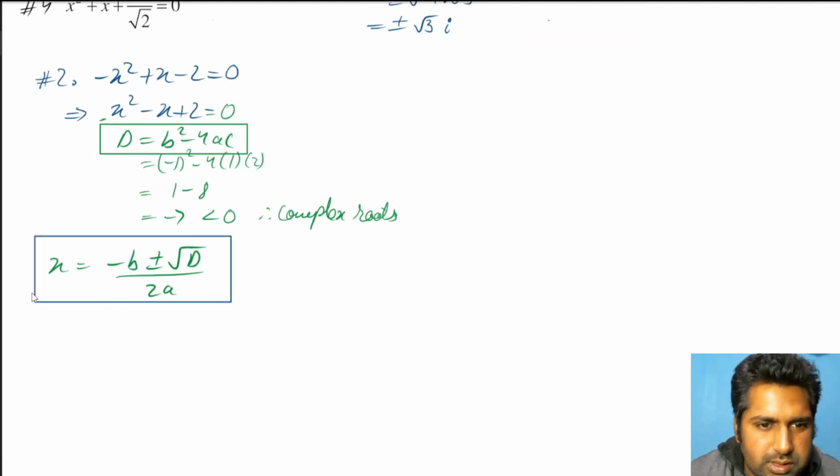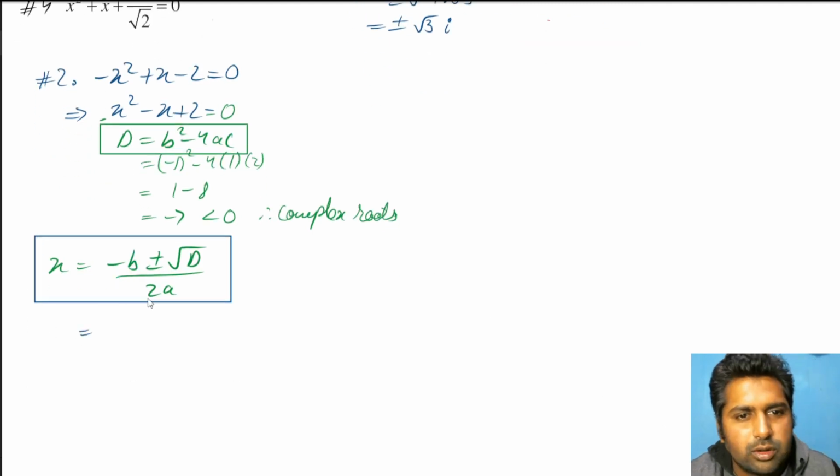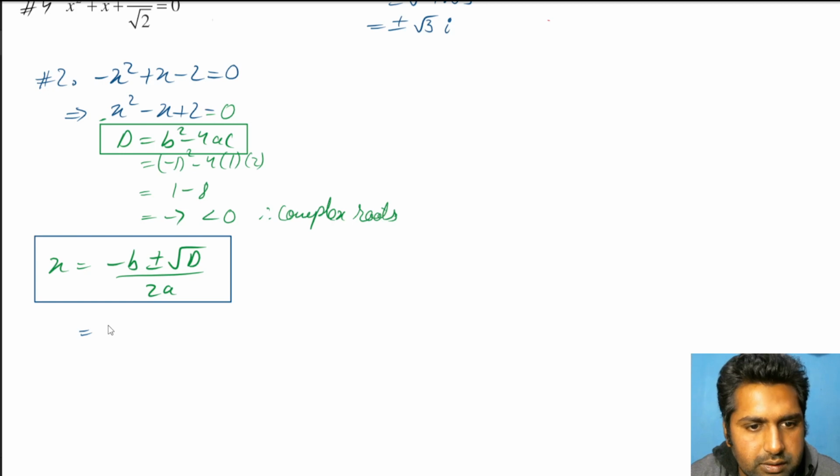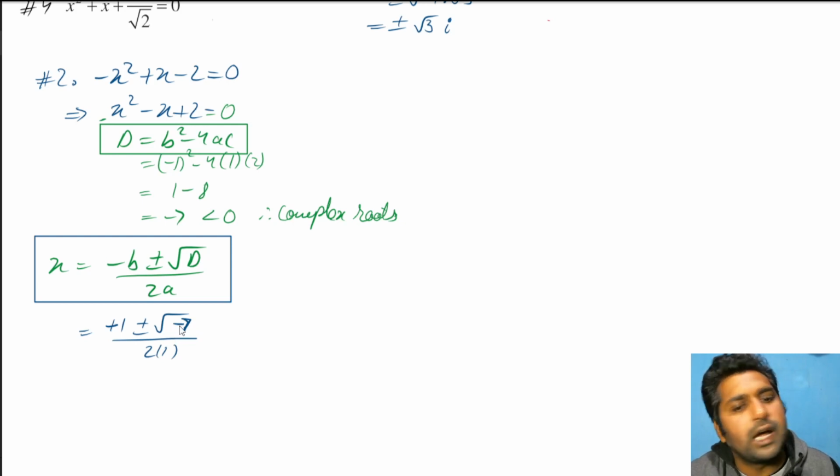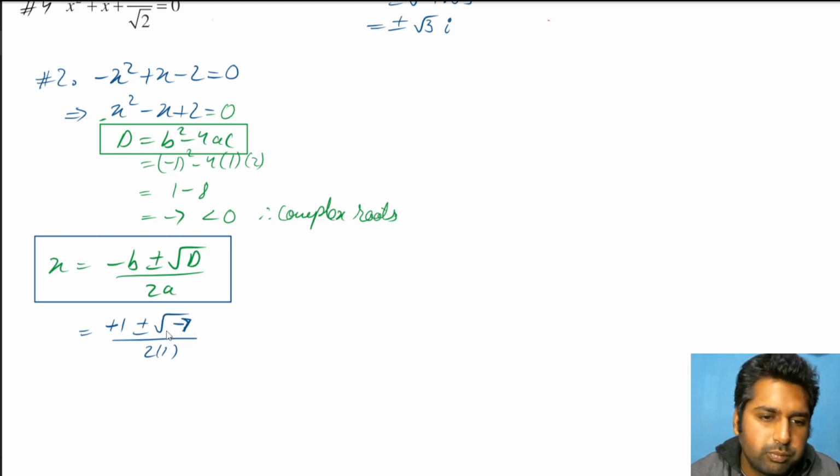Let's calculate roots and see how the complex numbers are being generated. Minus b, so minus b, that is minus of minus 1, that's plus 1, plus minus square root of minus 7 upon 2 into a is 1. Now I told you what is square root of minus 7. Now like what is the square root of a negative number? Just put iota and write down the positive part of it.